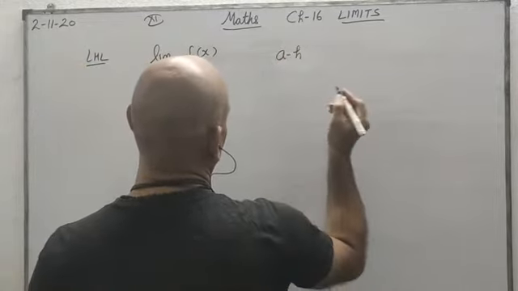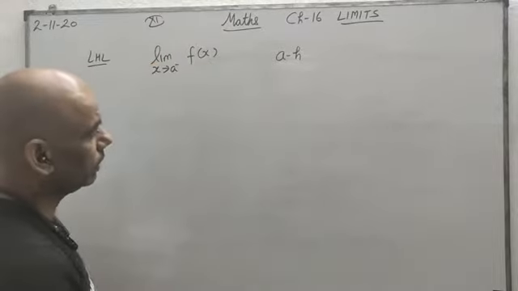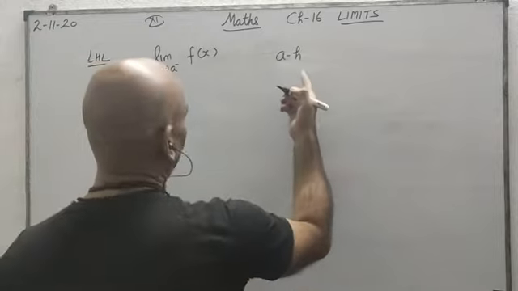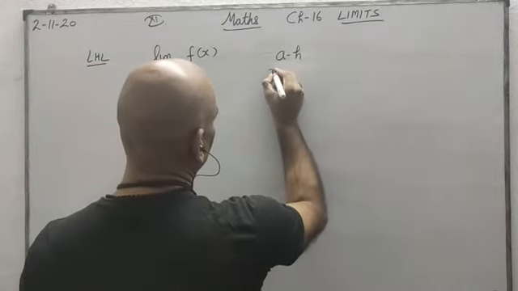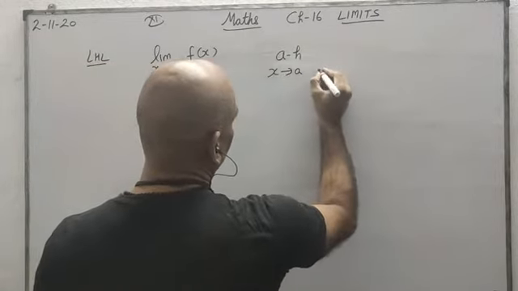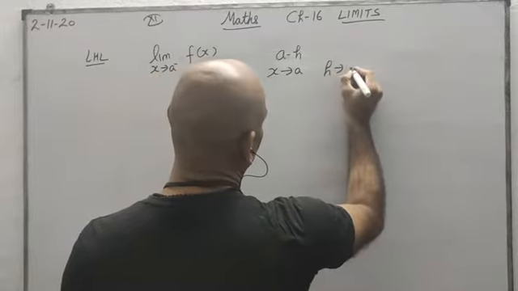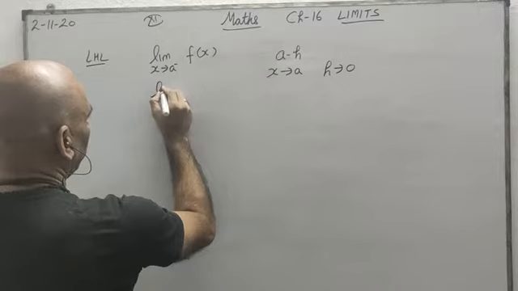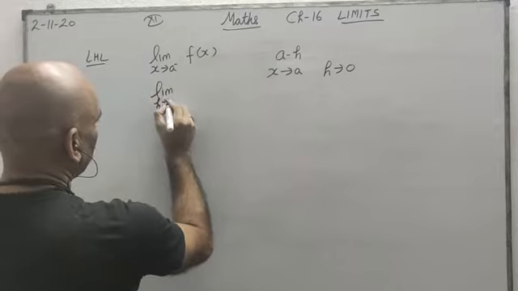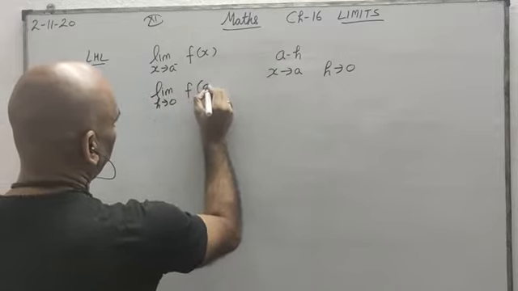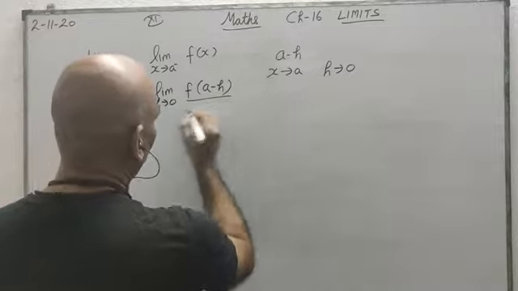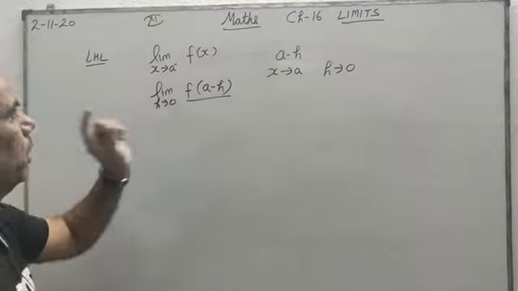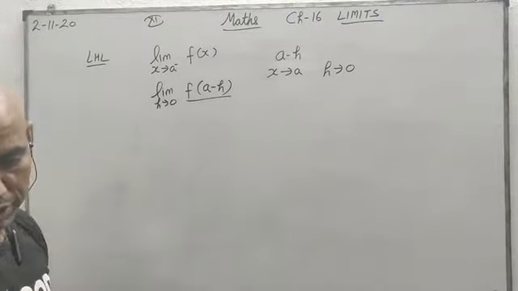Since x was tending to a, h will tend to 0. So then I will do limit h tends to 0 f(a minus h). Find the value of the function f(a minus h) as h tends to 0. That will be your LHL.